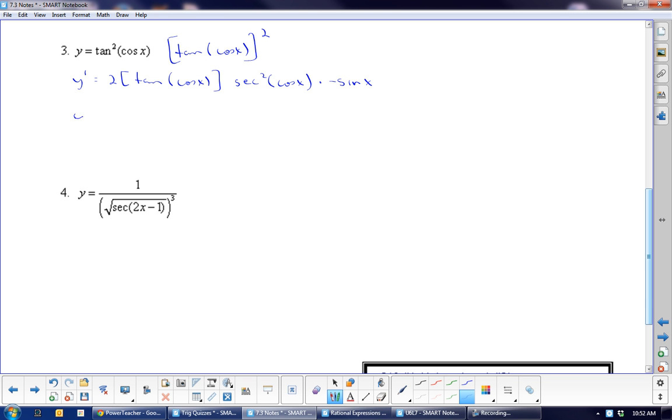So probably the only thing to simplify this would be negative 2 tan cos x secant squared cos x times sin x. All I did was bring that negative to the front.